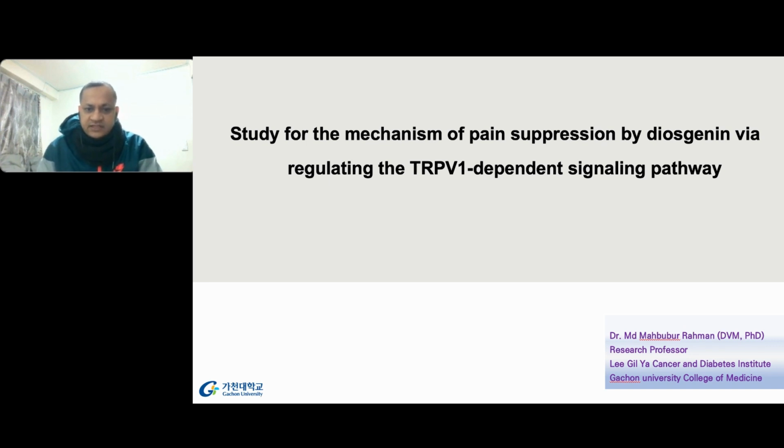If you see this title, there are three main things: number one is pain, number two is diosgenin, and number three is the TRPV1-dependent pathway. This project is working on how diosgenin can regulate pain through the TRPV1-dependent pathway.